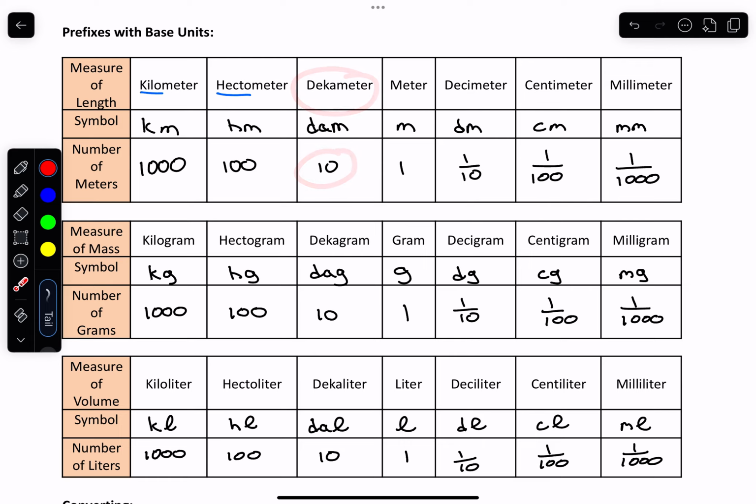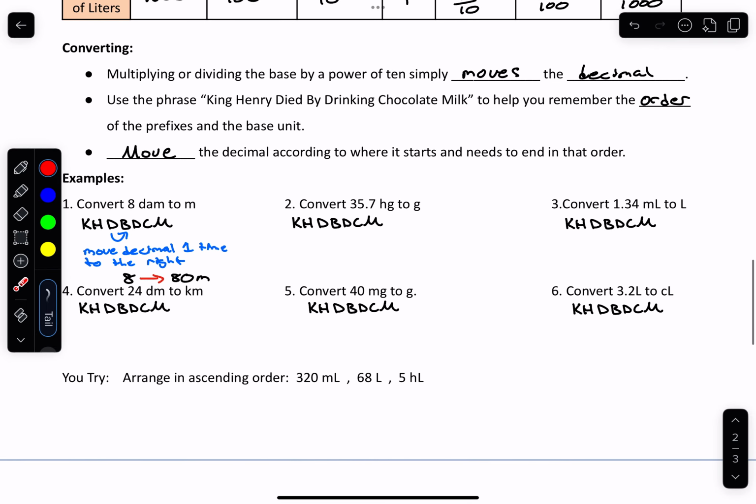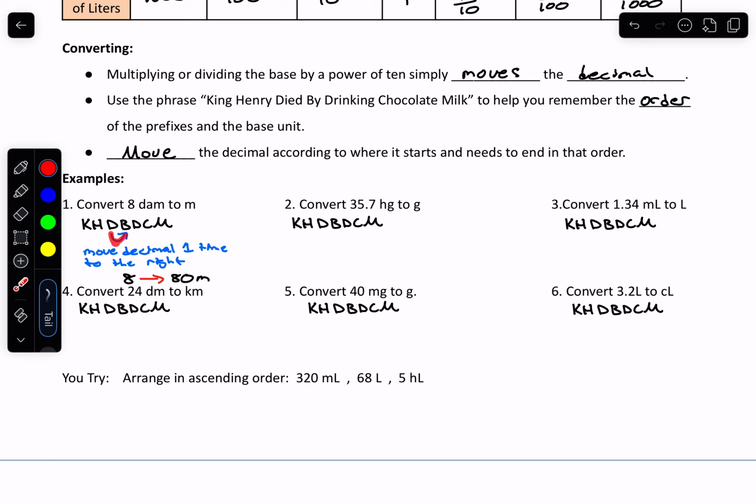So if I have 8 decameters, then that means I have 8 times 10, so 80 meters. But down here, we don't have to worry about multiplying 8 times 10 necessarily, because multiplying times 10 is the same as just moving the decimal once to the right. So 8 decameters is 80 meters.